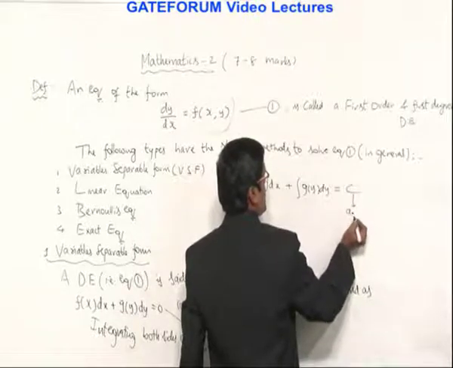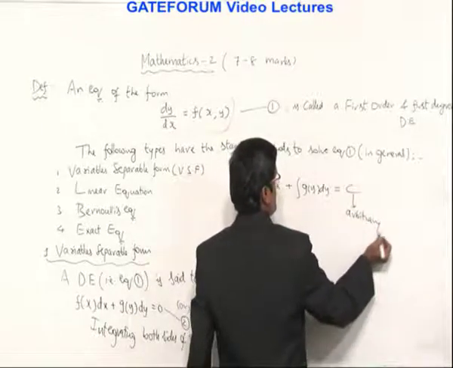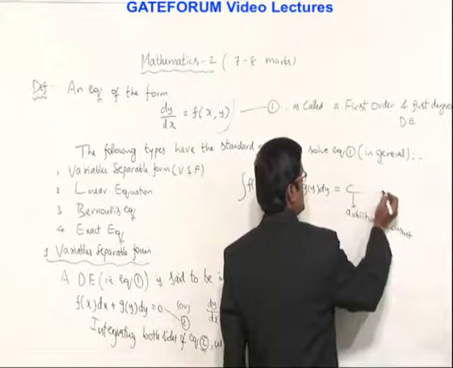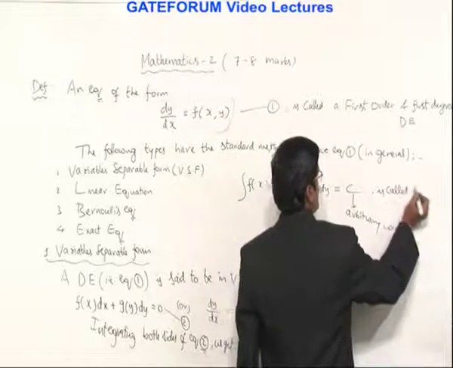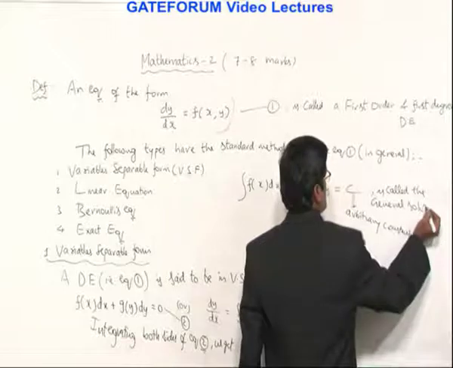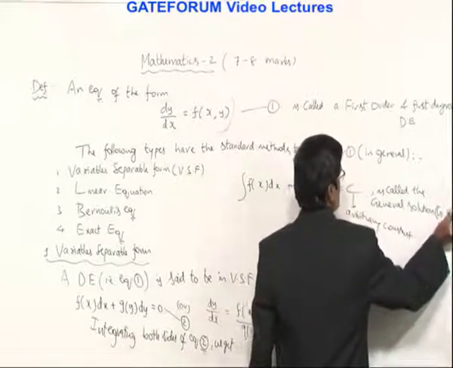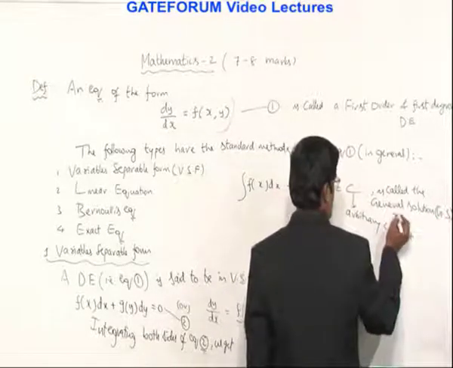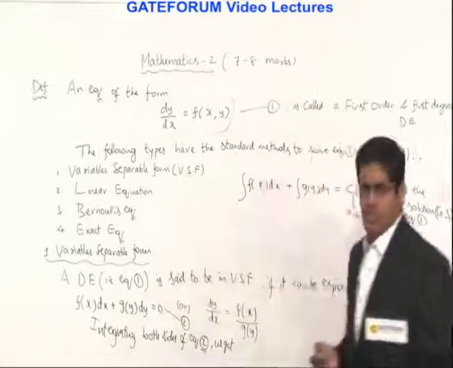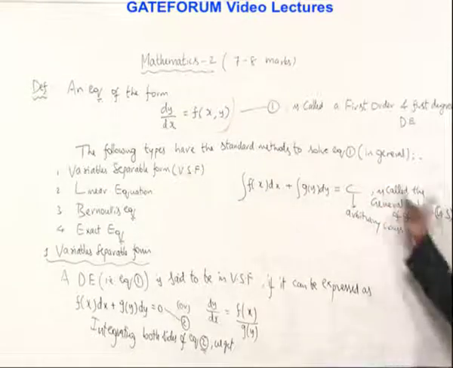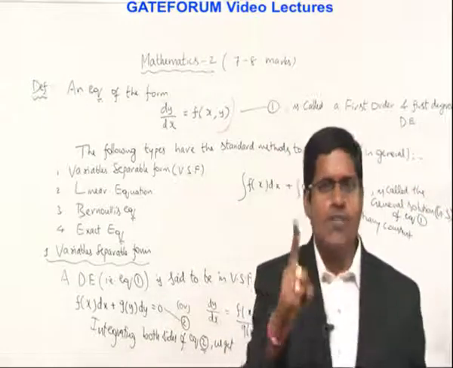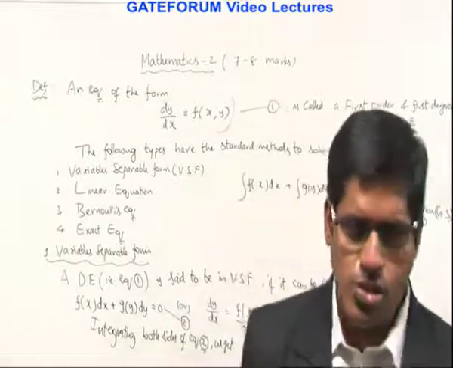This c is arbitrary constant or constant of integration, parameter also, and this is called the general solution, in short GS, of equation 1. Equation 1 means the given differential equation. Because it is a first order equation, its solution containing only one arbitrary constant is called the general solution.